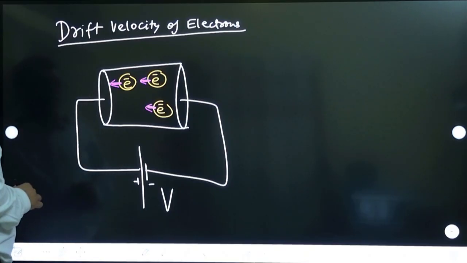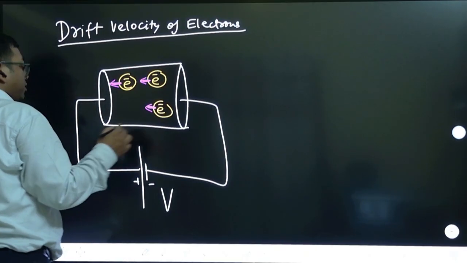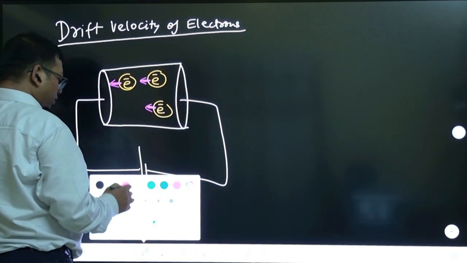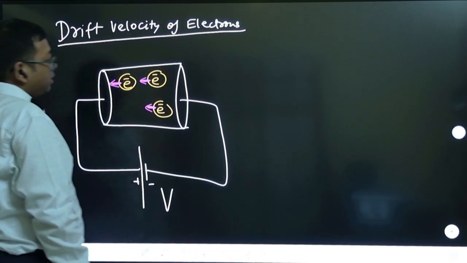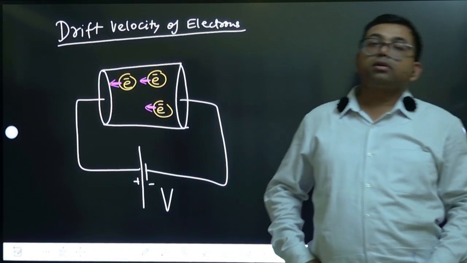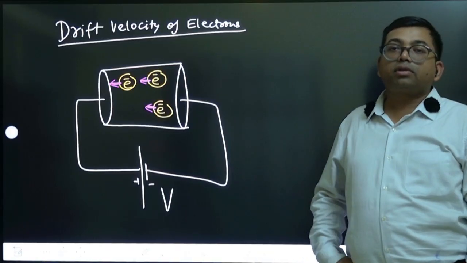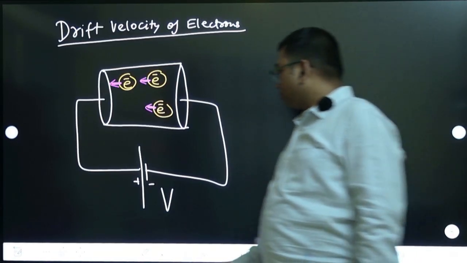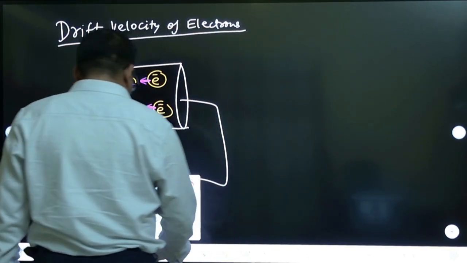Like this. So the average velocity with which the electrons move is calculated for all the electrons. Average is not calculated for just one electron. So this idea is very important.